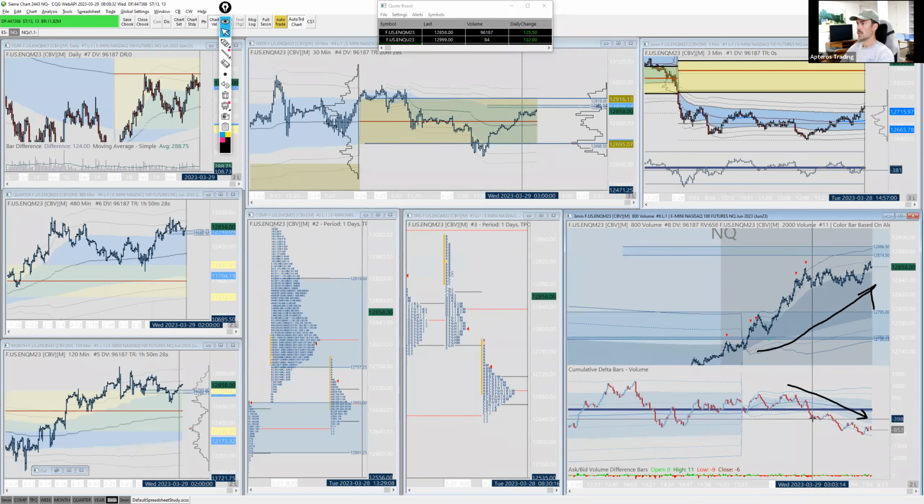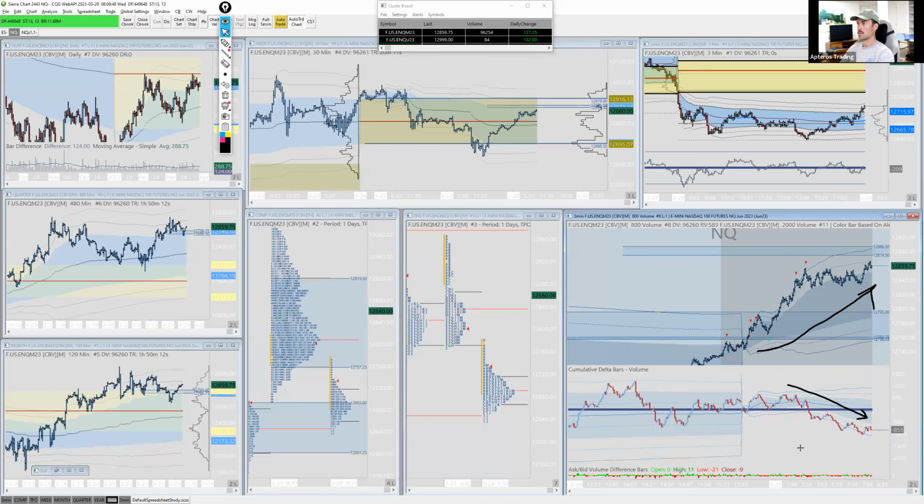Strong selling, lack of aggressive buying, strong selling, regular buying, strong selling, kind of weak buying. So the up moves have not had the aggressive buyers behind them. Obviously, it's more of a passively driven type move.